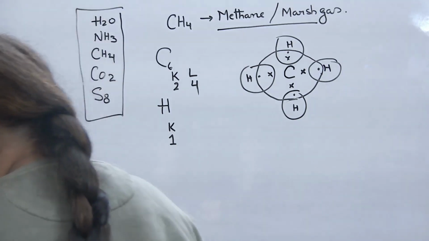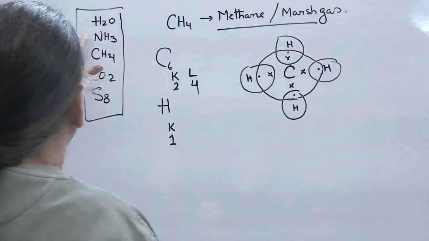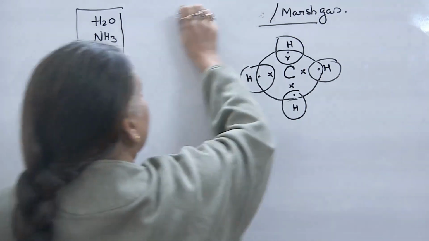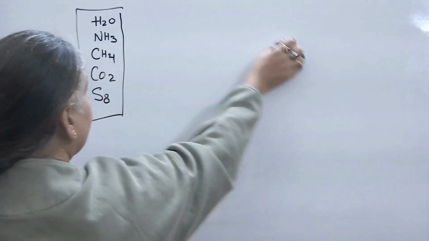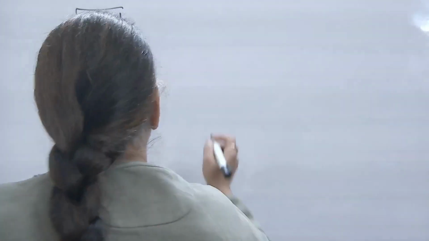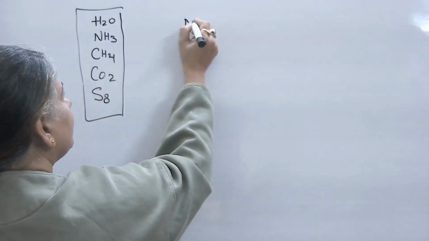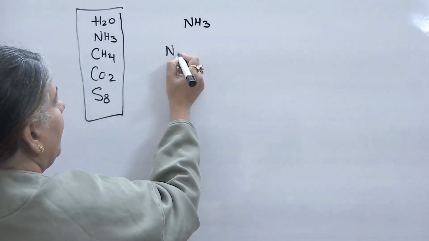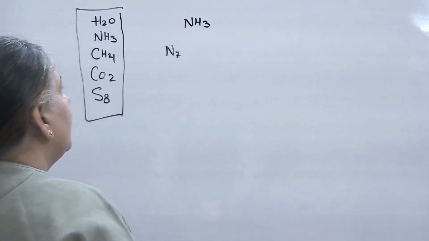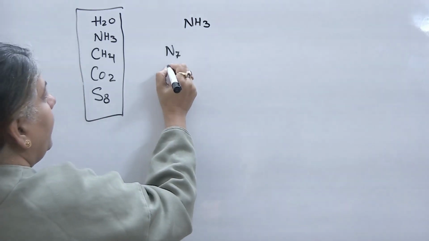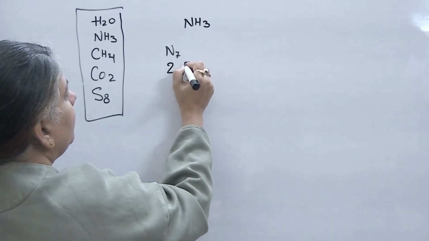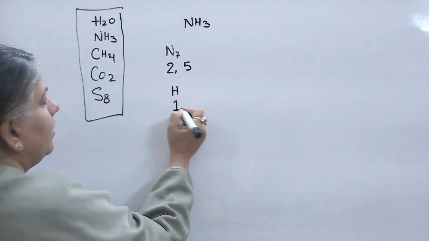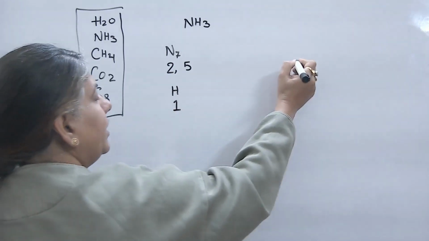ammonia. Ammonia is left. Nitrogen, atomic number 7, configuration is 2, 5, hydrogen, 1 electron. Now let's arrange.